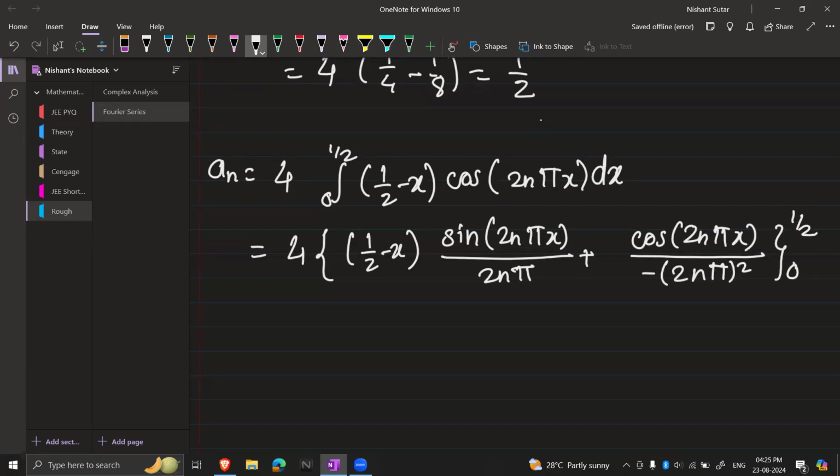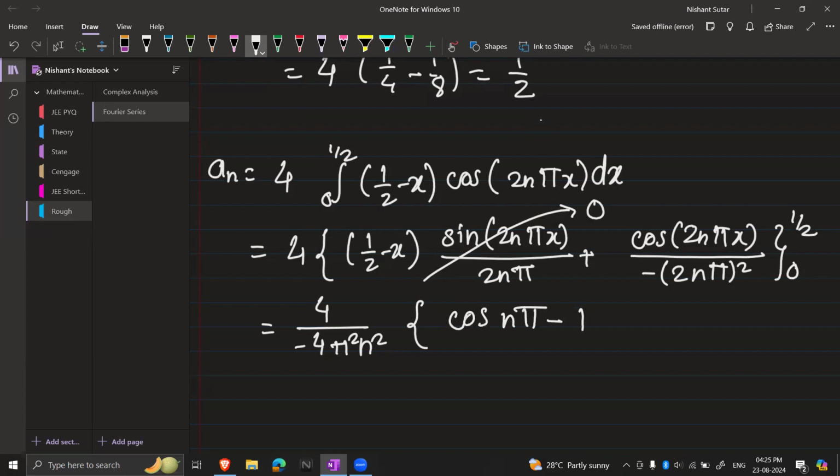Again, the sine terms will be 0. So we will have 4 upon minus 4 pi square n square in brackets. When I put x equal to half, I will have cos of n pi minus 1. So this will be 1 upon n square pi square into 1 minus minus 1 power n.